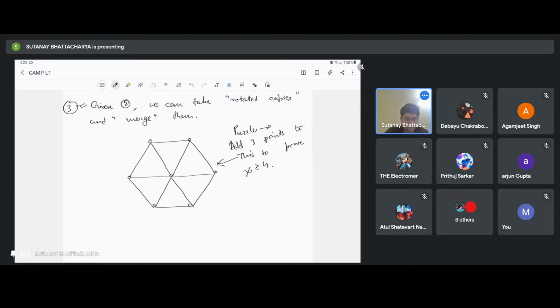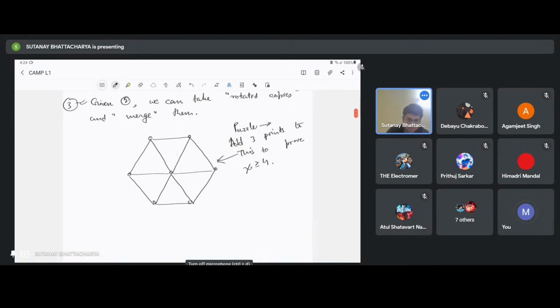Where would you add those points? Yes, that does actually end up working.